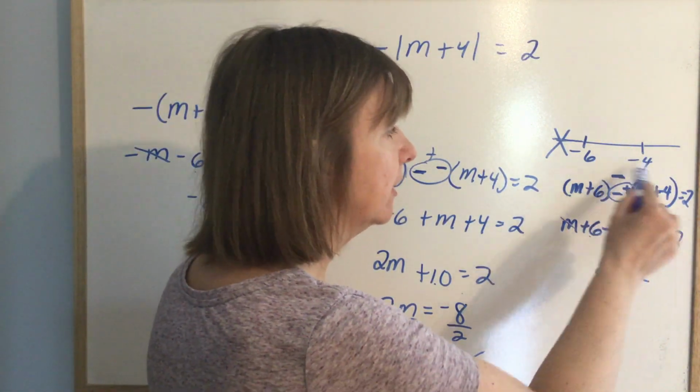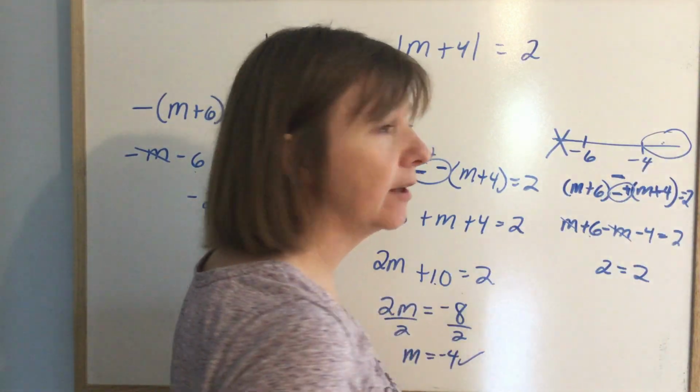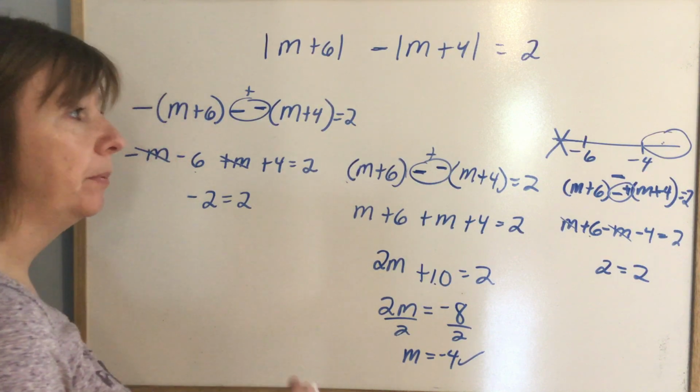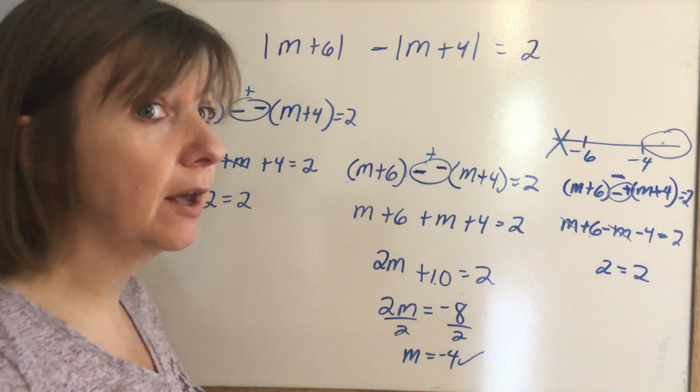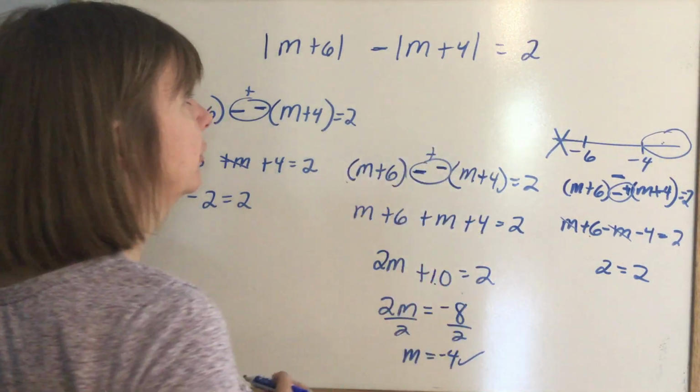This generic thing, which represents anything above -4, works. So basically, if I put any number in there that's bigger than -4, it's going to equal 2.